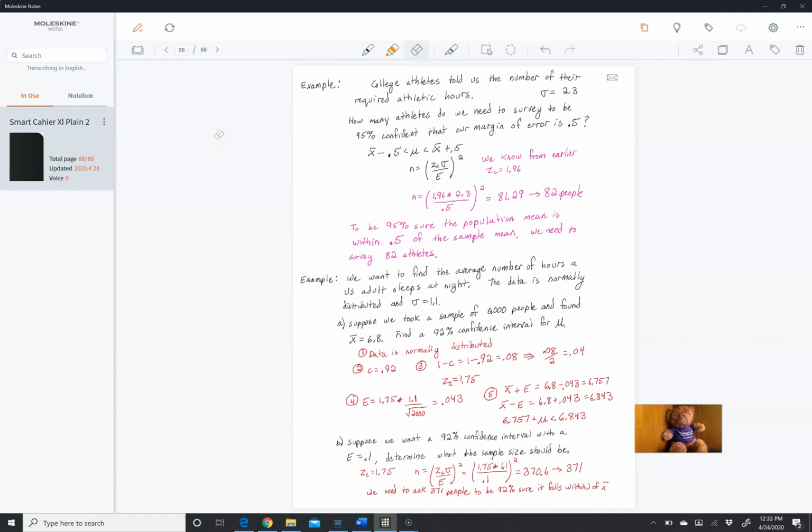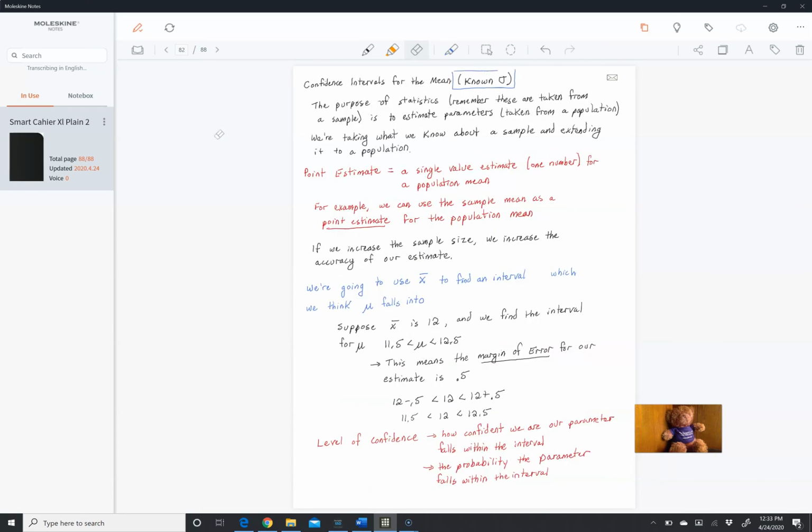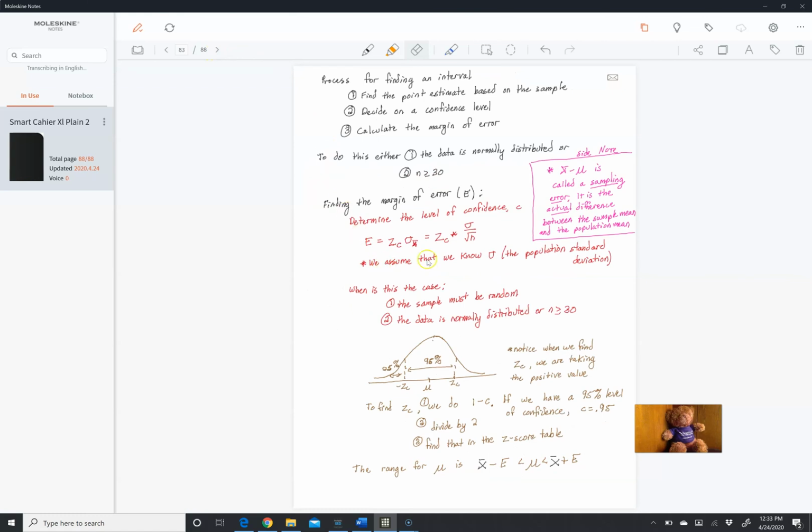So I put it at the very, very beginning, right? A known standard deviation, okay? And did I put it anywhere else? Yes, I did. I said on the next page, again, we assume that we know sigma, okay?